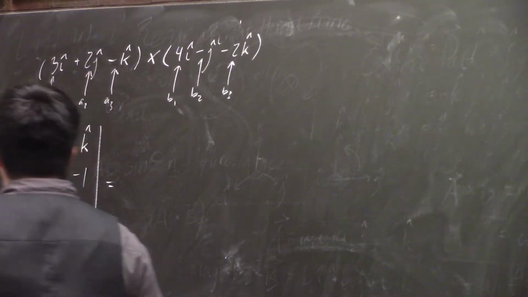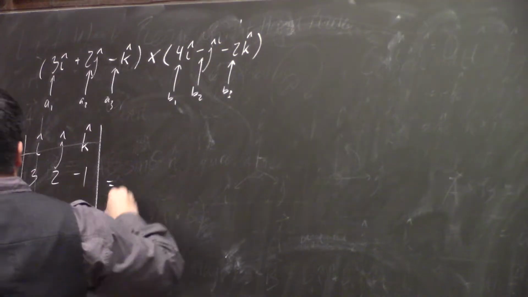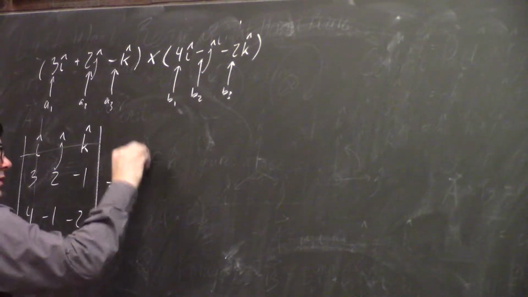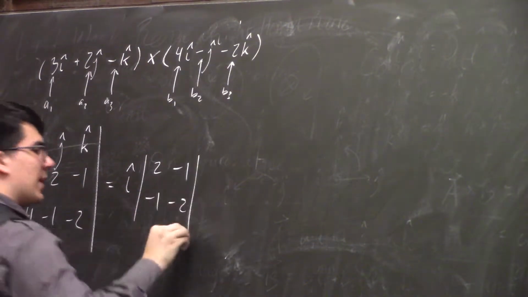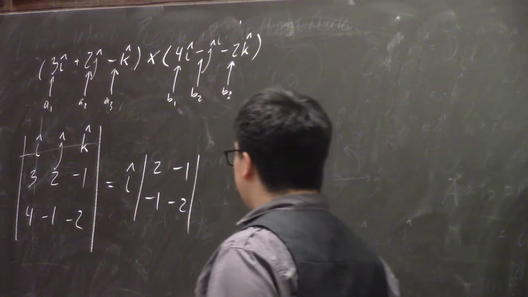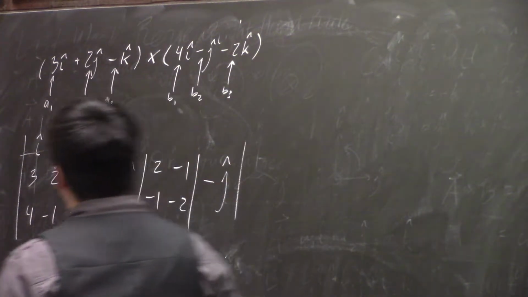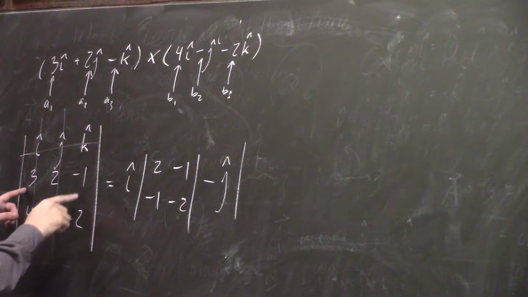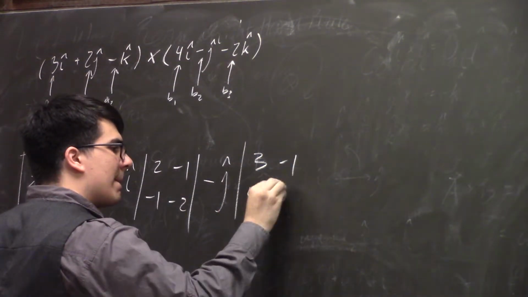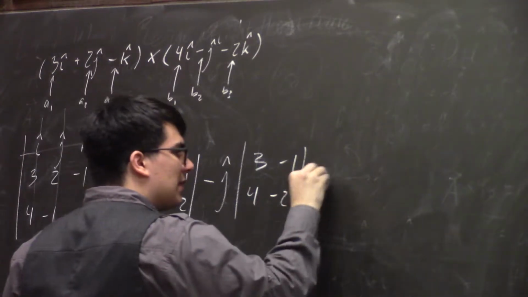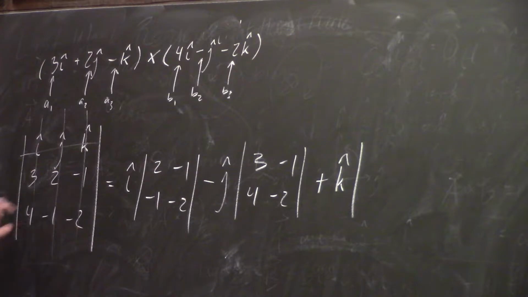So the first term is going to be i times this determinant here: i times 2 minus 1 minus 1 minus 2. Next one will be minus j times 3 minus 1, 4 minus 2. And then it would be plus k, 3, 2, 4 minus 1.